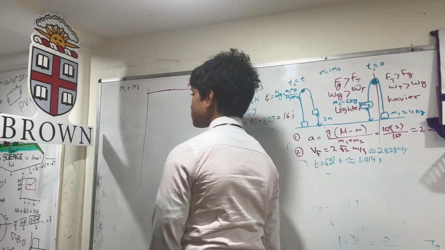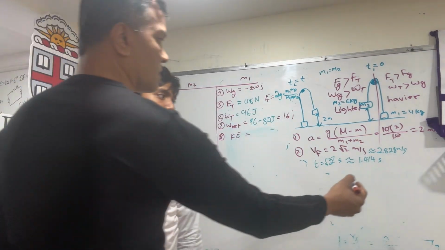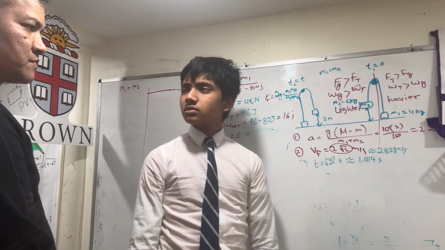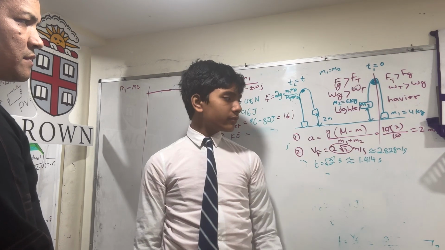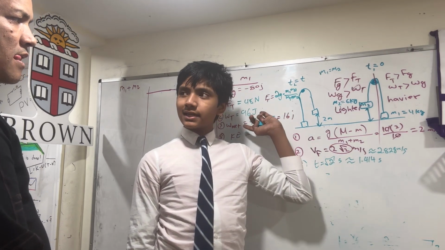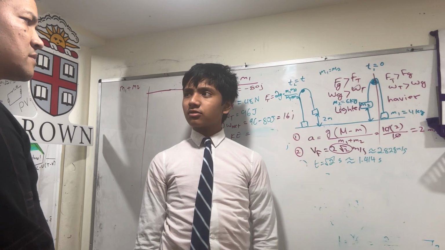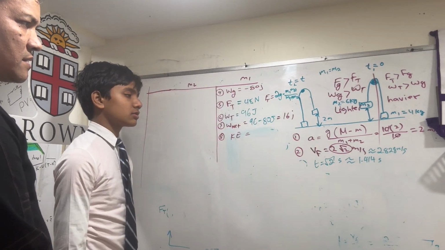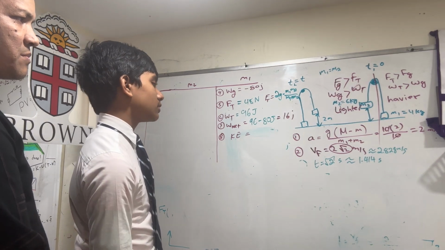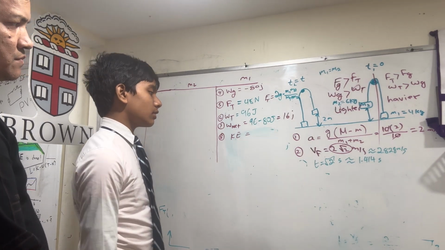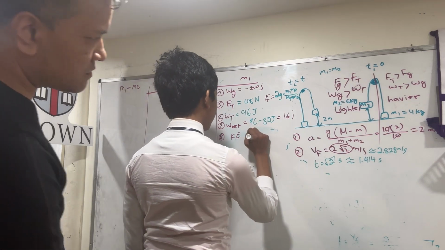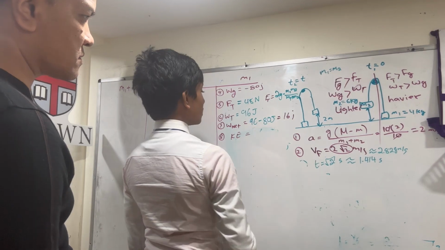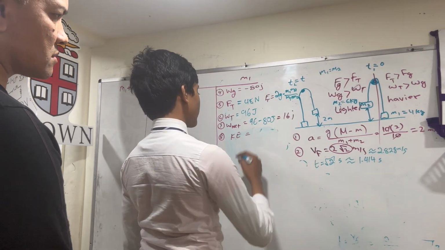Velocity is what gives kinetic energy, that's right. So how much kinetic energy is behind 2√2? It's just 16 joules. Yes, you can do that by the work-energy theorem.